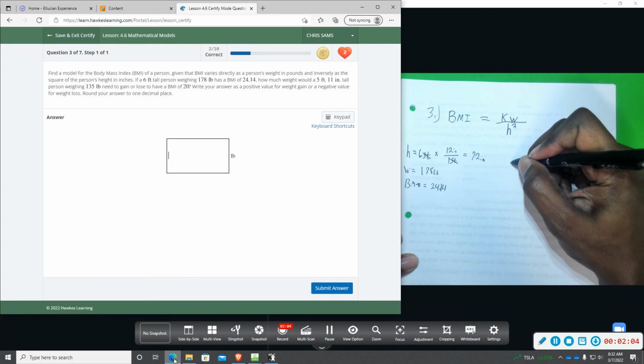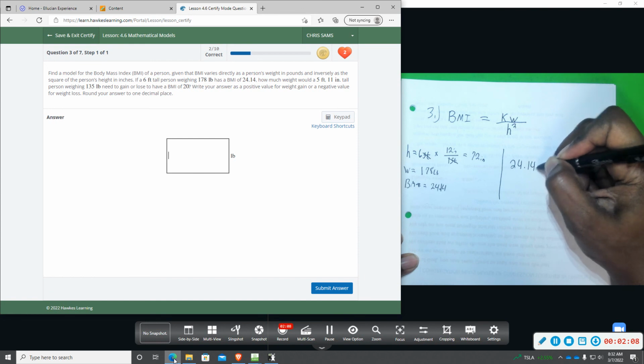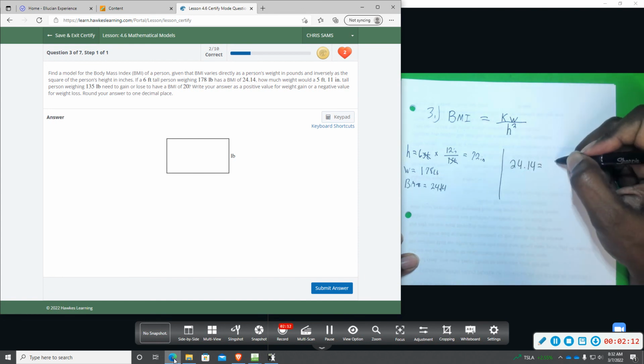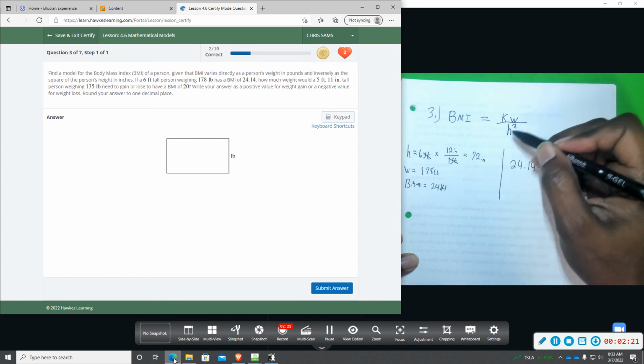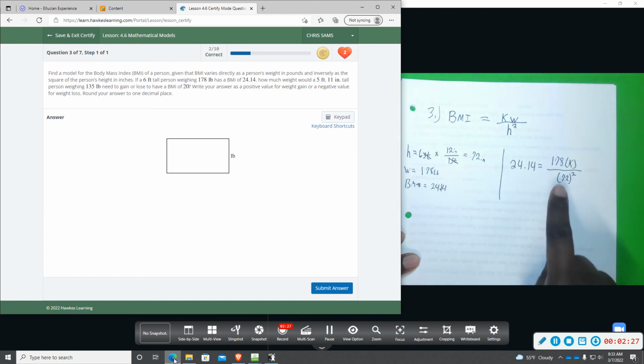So we have 24.14 is equal to the weight, which is 178, times K, the constant, which we don't know yet, and then divided by height squared. So that will be 72 inches squared. All right, to solve this, we're going to multiply by the 72 squared on the bottom.